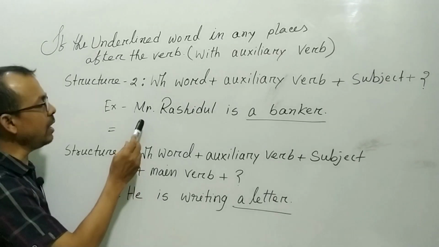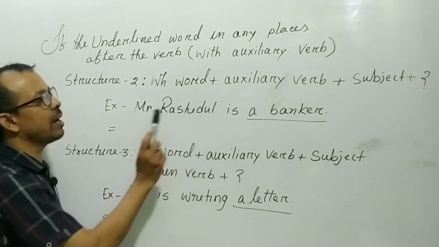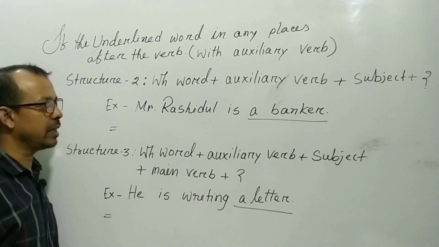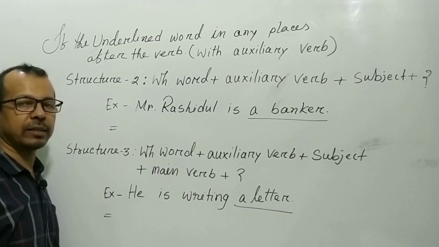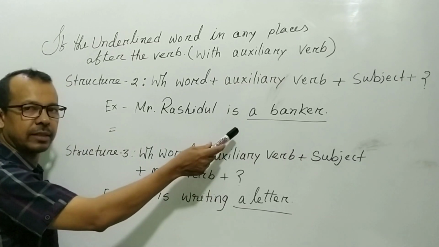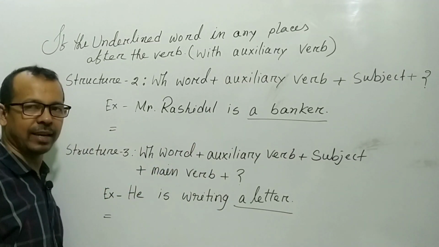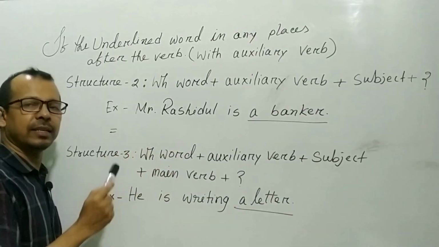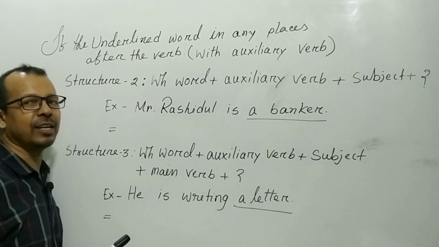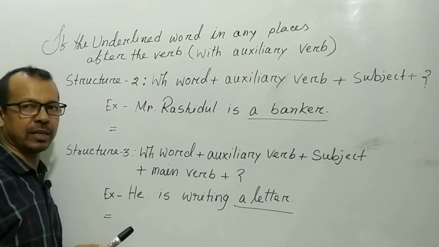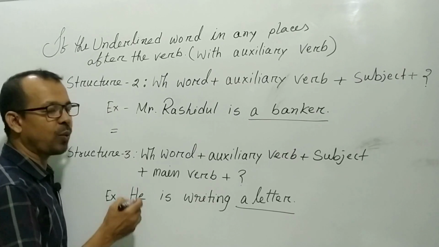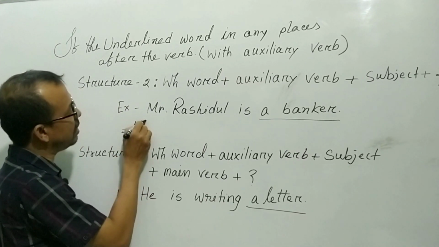Here you can see: "Mr. Rashidul Islam is a banker." I've told you earlier that at first you have to look at the underlined word: "a banker." What does it indicate? It indicates a profession, and you know that if the underlined word indicates a profession, then the WH word will be what. So write here "what."